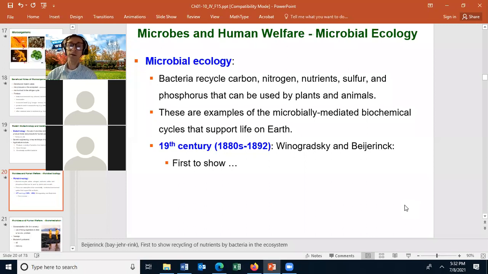So we talked about microbes and how they help run the nitrogen cycle, where nitrogen is recycled on the planet. But the microbes also help recycle carbon in the carbon cycle, and sulfur in the sulfur cycle.